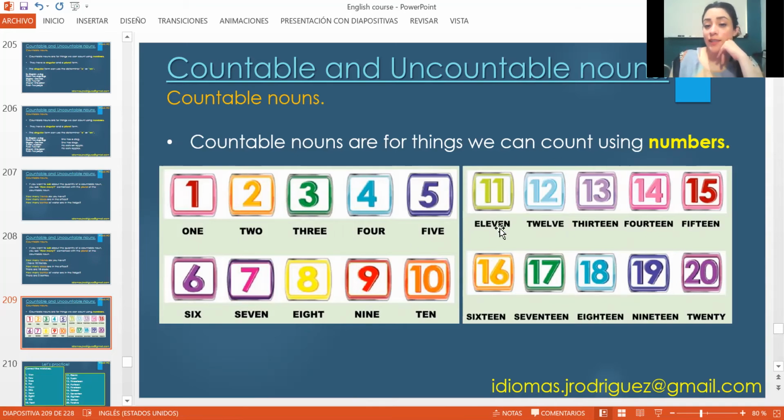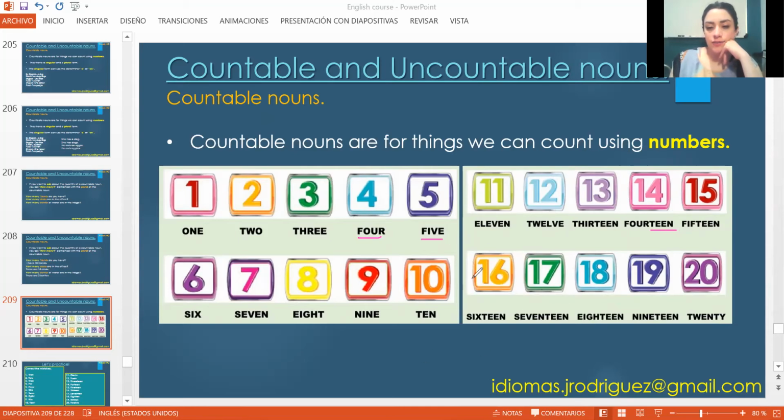Then I have 11, okay, 11, 12, 13, 14, and 14 is composed with 4 and 10. Okay, next 15. 15, we don't use the 5. We say 15.